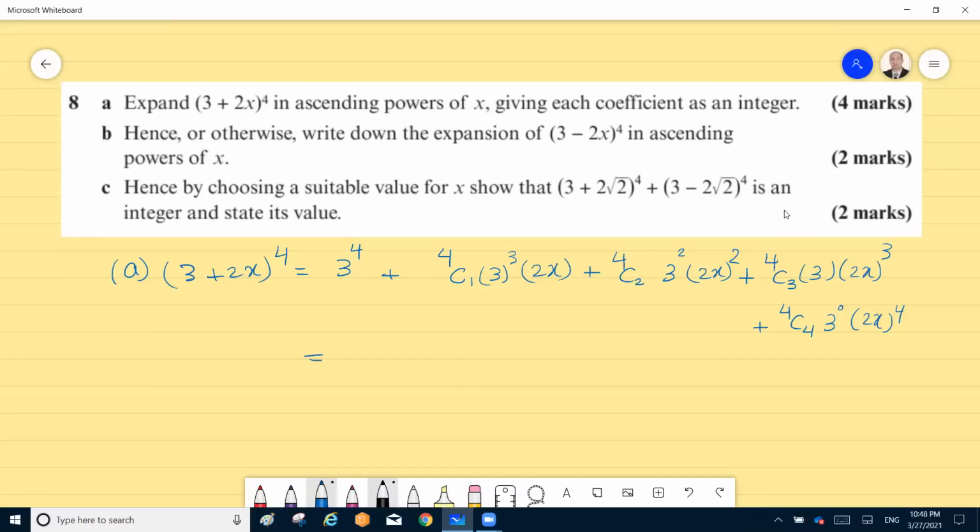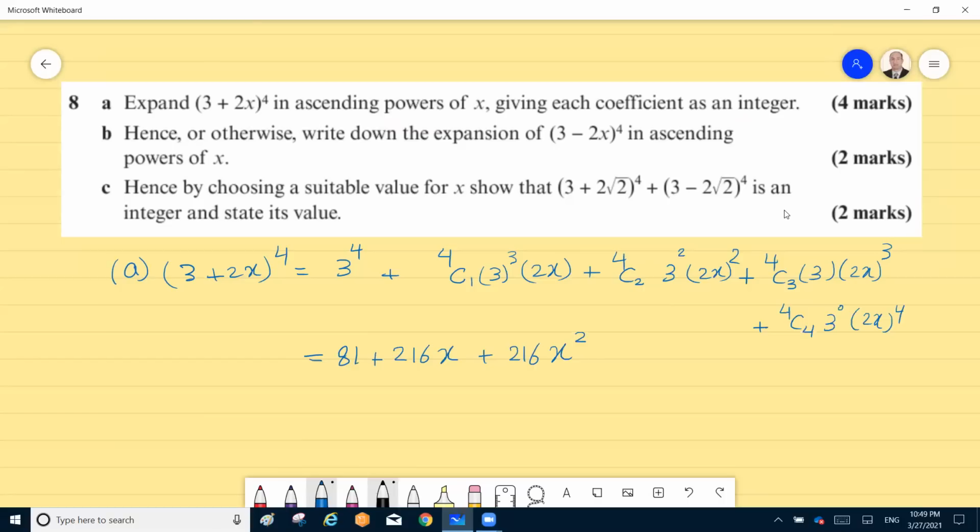And now the answer for question number 8 is 81 plus 216x plus 216x squared. 216 appears twice, let me double check this value. Here, you can use a calculator with me to check. 4 times 27 times 2, yeah, 216.